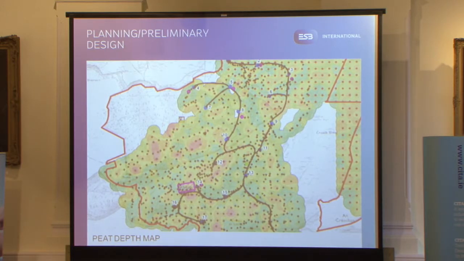And in Civil 3D, we can then create a peat depth map, splitting the site up into areas of deep peat and shallow peat. We also use these peat depths to create our bottom of peat surface, which we can use for volume calculations further down the line.